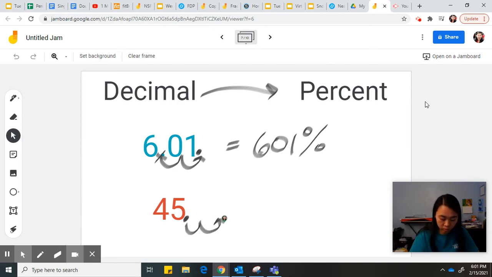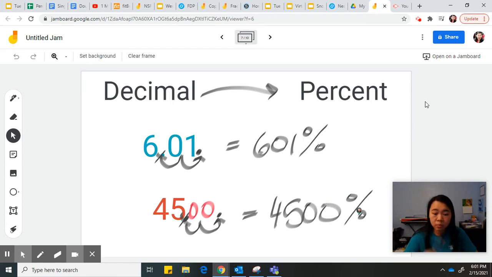Okay, so if you want to write those invisible zeros in, here they are. So our decimal place is now right here, not here. So this is 4,500%. Okay, so you're always moving your decimal place over to the right when converting to a percentage 2 times, whether you have 2 numbers, 1 number, 3 numbers. If you have a 0, if you have to jump over an invisible 0, you're always moving it 2 times.